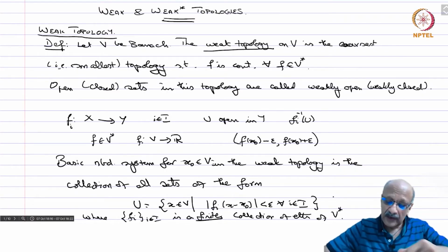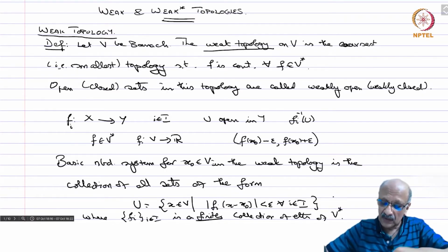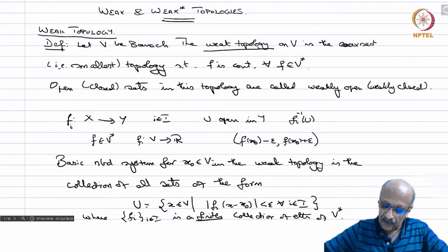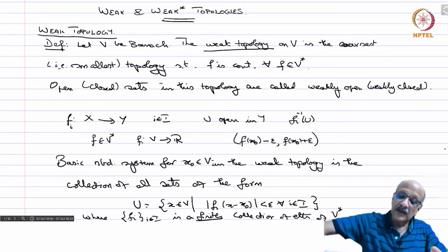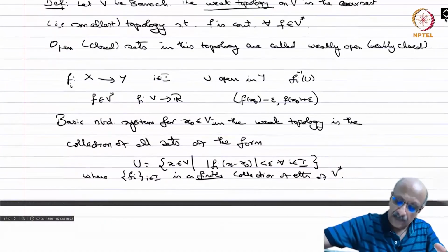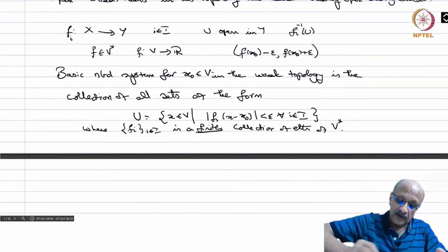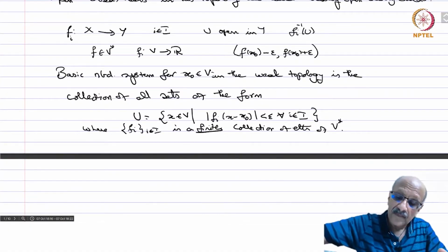So when I want to take finite intersections of sets of this form, I take a finite number of functionals, take the inverse image of all that, and take the intersection. This should be true for all i in I, and this forms a neighborhood system. So given any point x naught, a typical neighborhood in the weak topology will look like this.